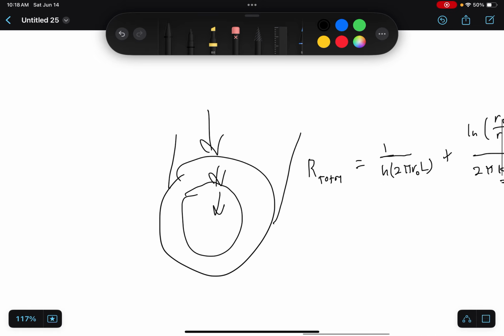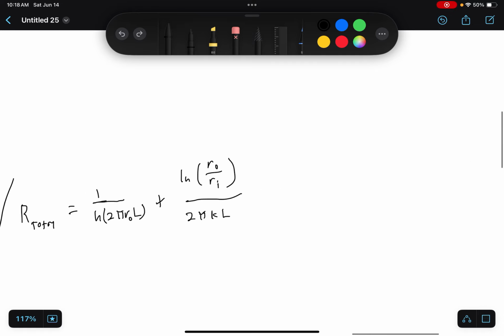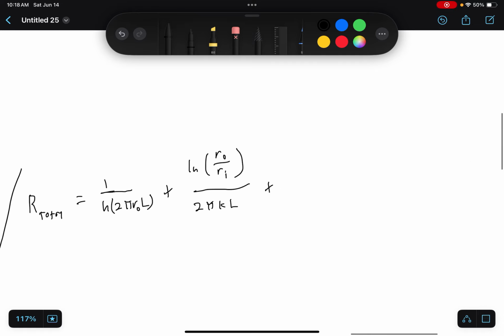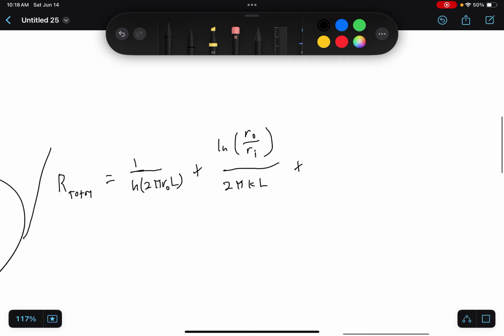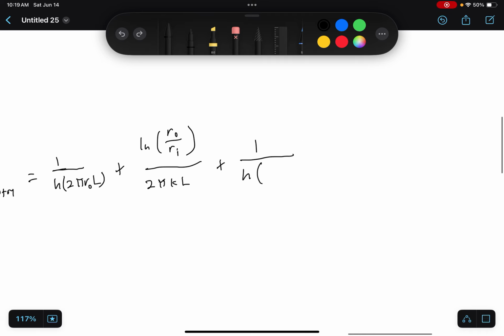K is thermal conductivity and L is the thickness. No, L is not the thickness. L is the same L as over here, which is the depth. Plus the last convection, which would be 1 over H. And for area, it would look like this, except we would use R inner.